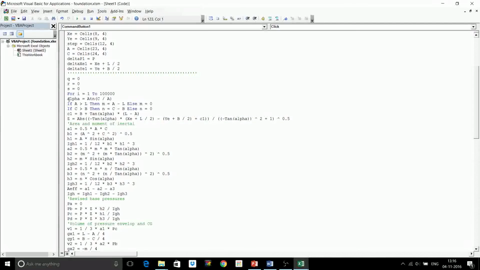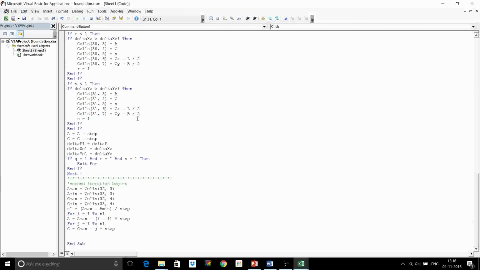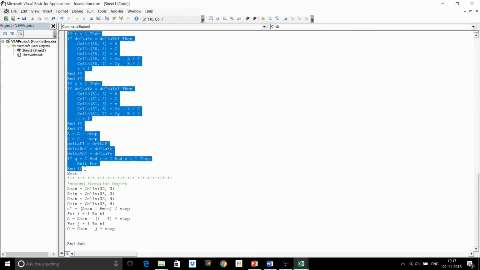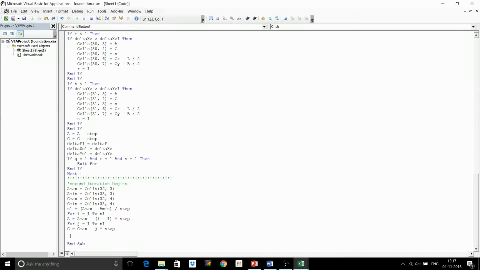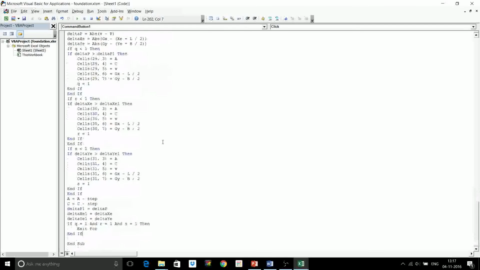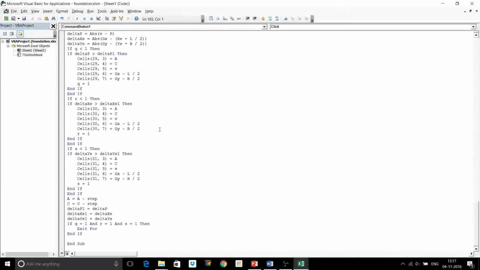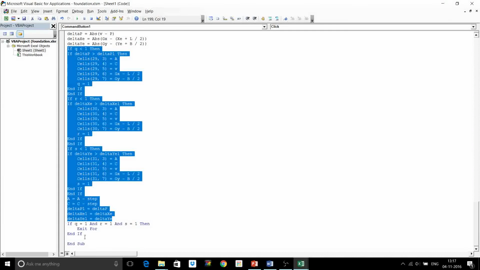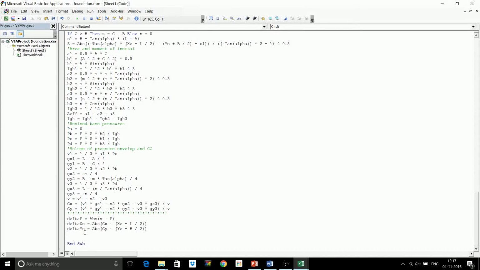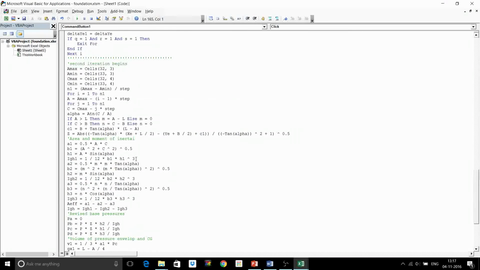I will copy all this calculation here once again, but with some modification. And what modification we have to do, I will tell you. Now here I don't need this, because we have already found out 3 locations. This also I don't need.